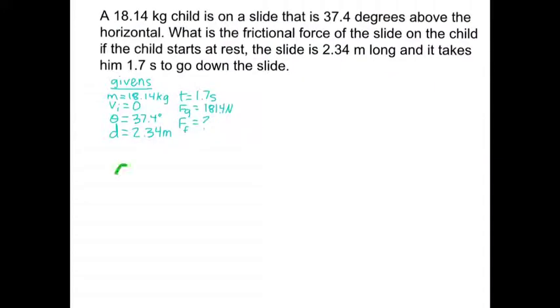First, we need to find the acceleration of the x-axis. We only find the x-axis because John is not accelerating in the y-axis. We can use the formula d equals vit plus 1/2 at squared. And we solve for acceleration.